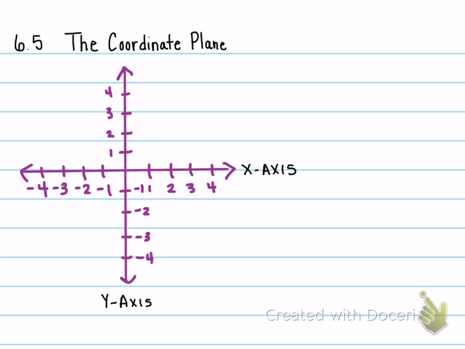Those two axes cross each other to form 4 quadrants. The first quadrant is the top right corner. This is quadrant number 1. The second quadrant is to the left.